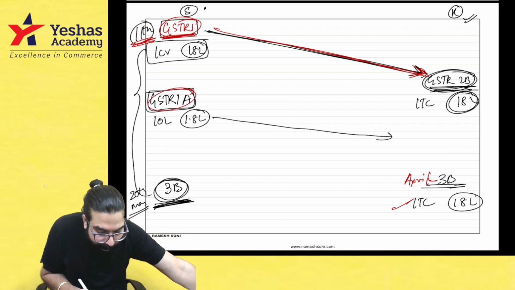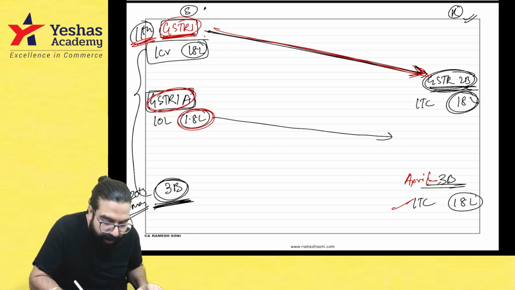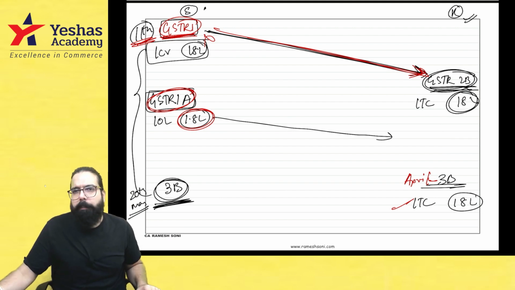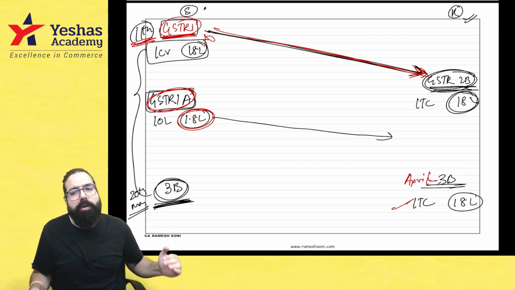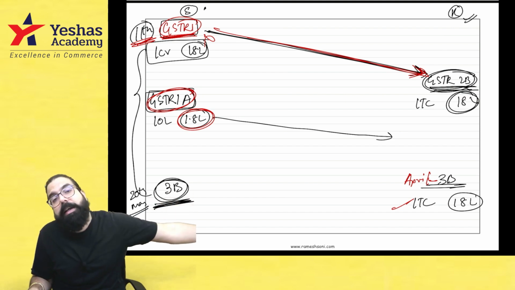But whatever I show in GSTR 1A, he can't take in the same month because it is filed after the due date. It will not go in the same month. It will go in the next month. They will be able to take the credit in the next month.